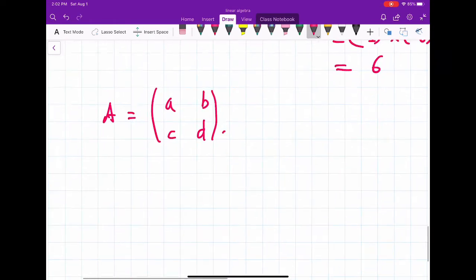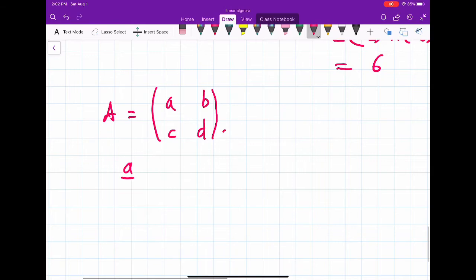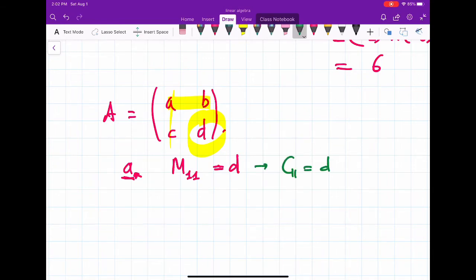If I have A right here, M11 is equal to D, because you already deleted the first column and the first row, so you still have only D. And then C11 is also D, because here the position is 1, 1. 1 plus 1 is 2. If i and j have the same parity, the cofactor should be equal to the minor.